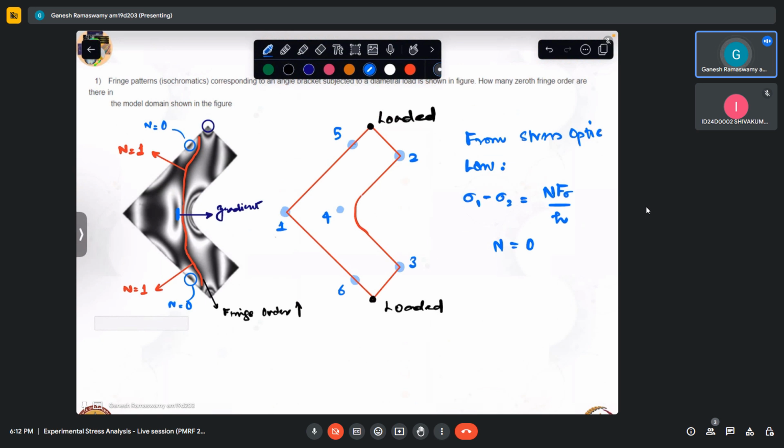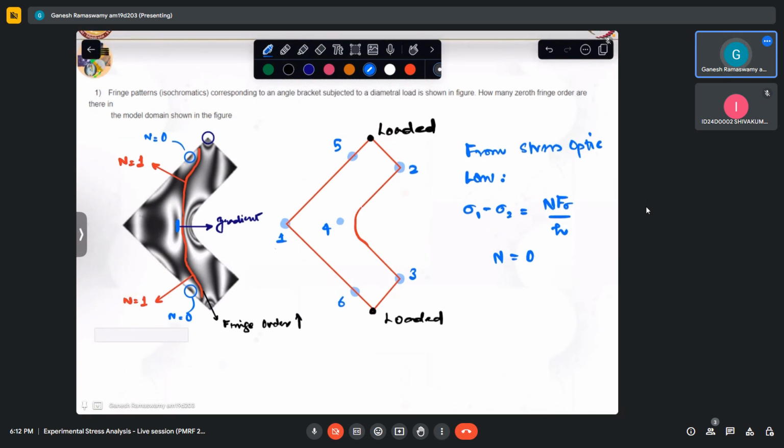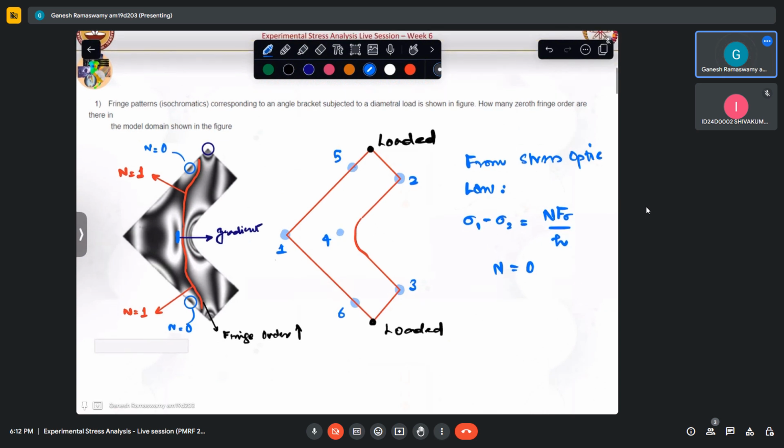For example, we know where the fringe gradient is increasing or decreasing. Based on that, we can make some evaluations as to what would have been the fringe order there. Whereas, if I were to take a color image of this, I can compare it with a standard table and find out what the fringe order is, provided the maximum fringe order there is 3, because after 3 the colors repeat themselves.